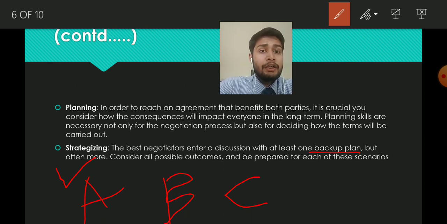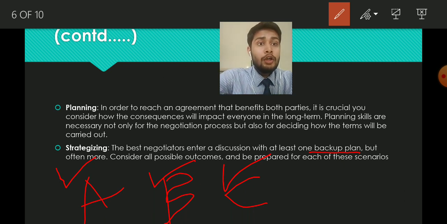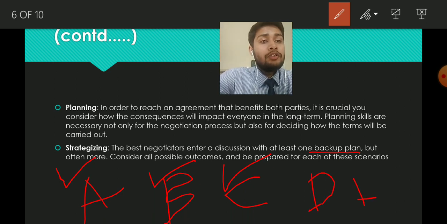So you have to be prepared and make a strategy for what if I'm not taking plan A, so I'll go for B. What are the advantages if I go for plan B, and what are the advantages of going for plan C? And there might be situations which you are not ready for, so you have to make estimates. There could be option D, option E, which the other party proposes. So you have to be ready for that.